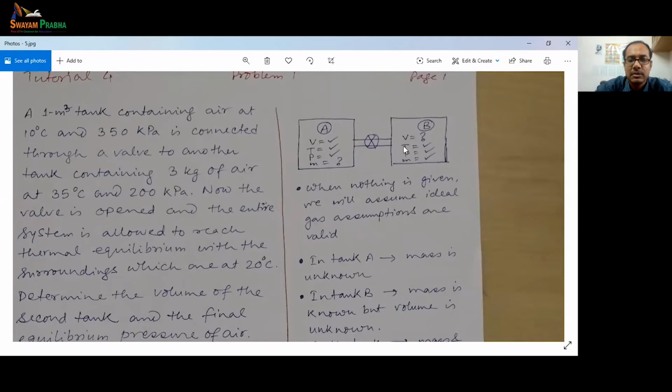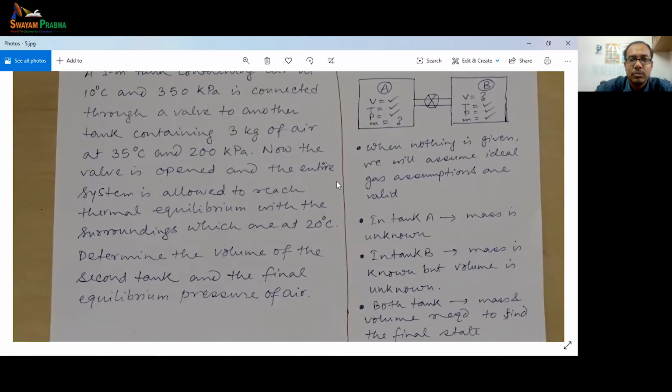The pressures will be equilibrated, they will be the same. The heat can be exchanged with the surroundings, and ultimately the combination of both the tanks will come to equilibrium. That means both of them will be at 20 degrees centigrade, which is the surrounding temperature.